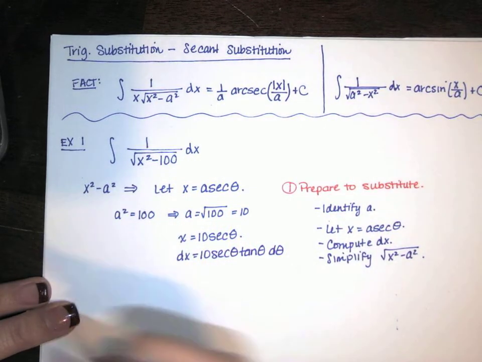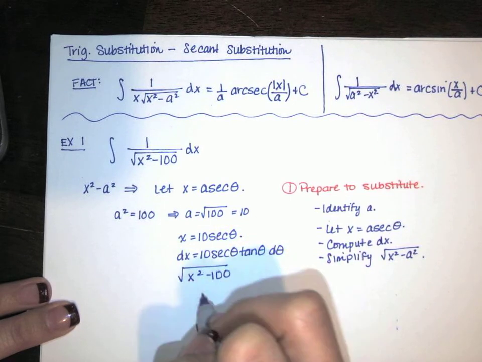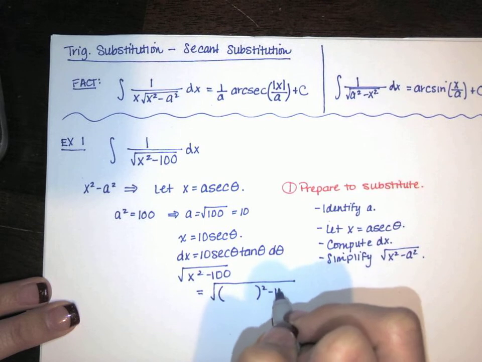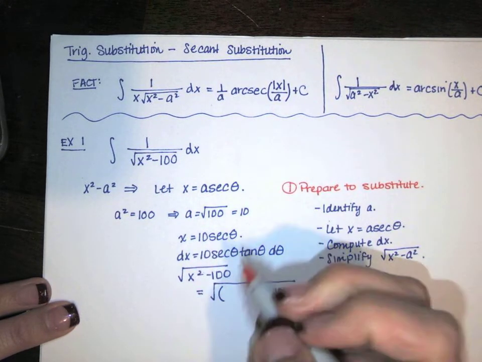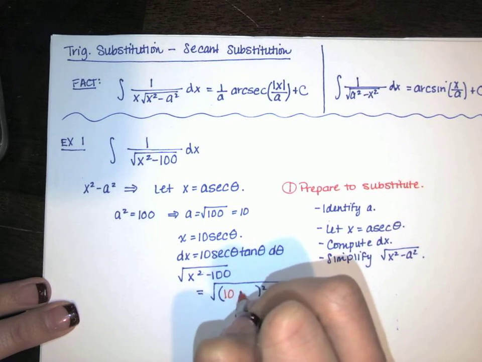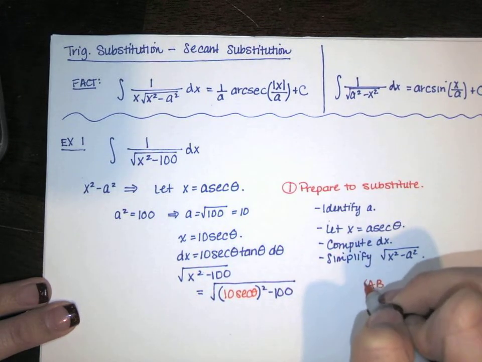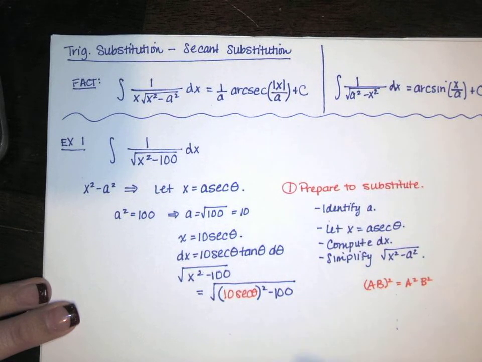And this radical expression can be rewritten in terms of theta as well. You're just substituting. You're just replacing x with 10 secant of theta. And don't forget, if you've got a times b squared, you've got to square the a, square the b, square all the factors separately.